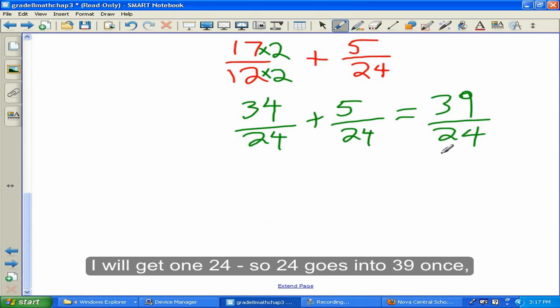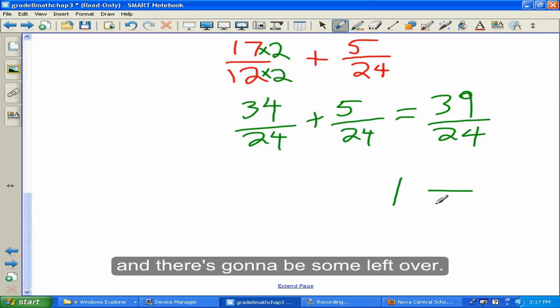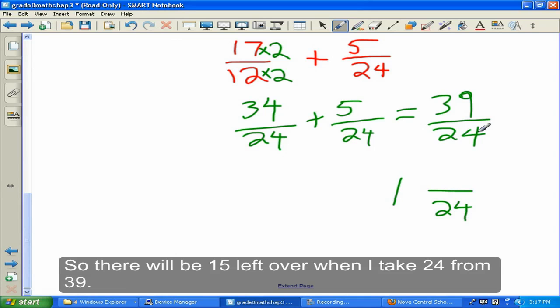I will get 1 24, so 24 goes into 39 once, and there's going to be some left over. So there will be 15 left over when I take 24 from 39.